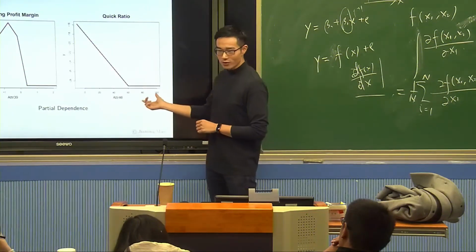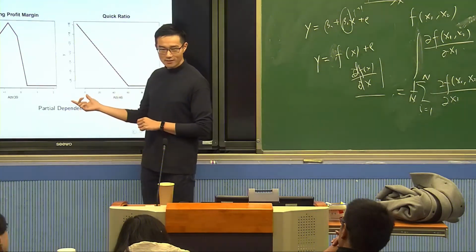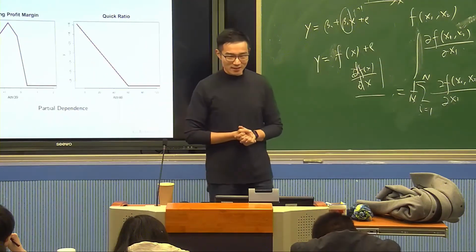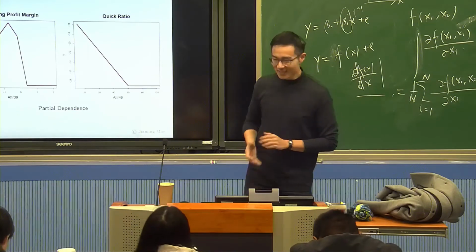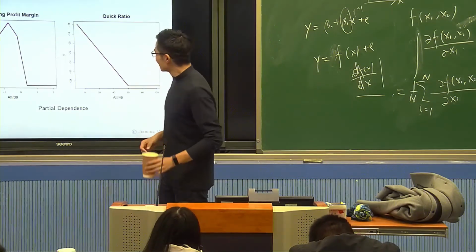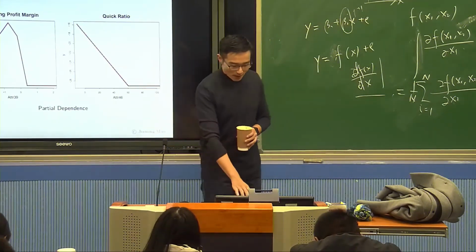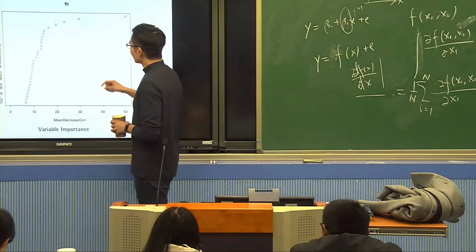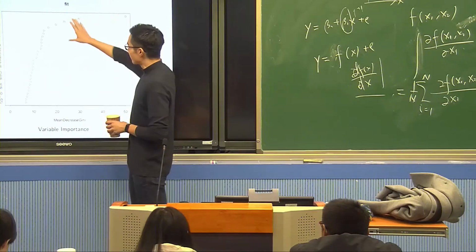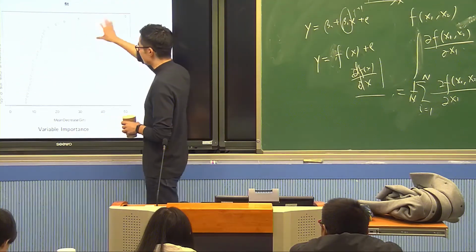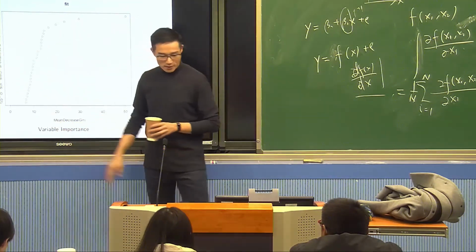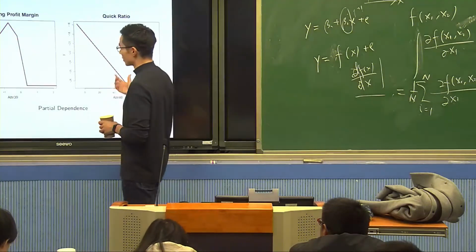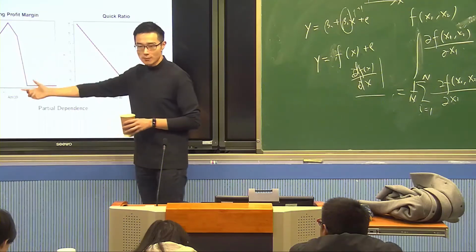The second one, for those of you who are not familiar with corporate finance or accounting, is basically the quick ratio. So what our model tells us is that in order to predict bankruptcy, the two most important variables, 39 and 46, are the operating profit margin and the quick ratio.